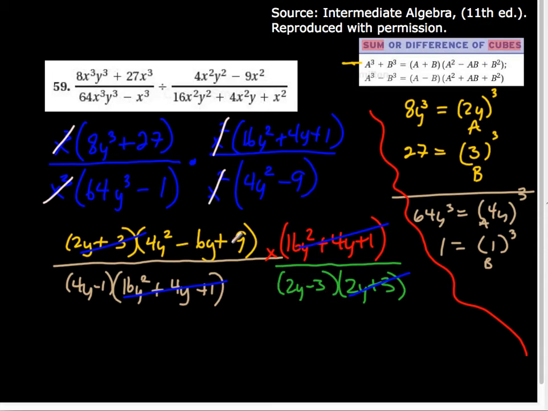I'd love to be able to factor that, but typically when you do sum or difference of cubes, this trinomial that you get is not factorable. So I'm going to be left at the end with, on top, 4y squared minus 6y plus 9, and on the bottom I'll have 4y minus 1 and 2y minus 3. Okay, hopefully that helps you in simplifying that question.